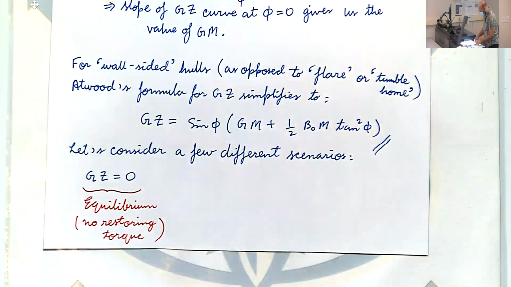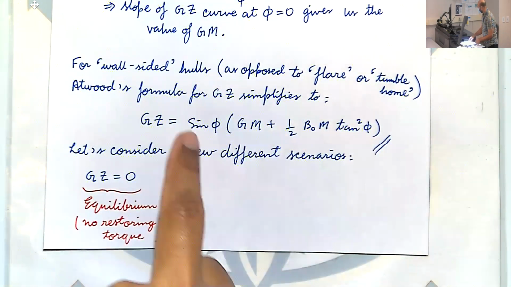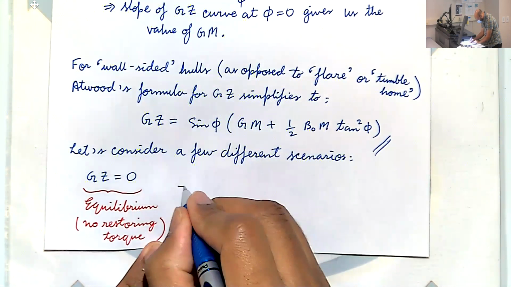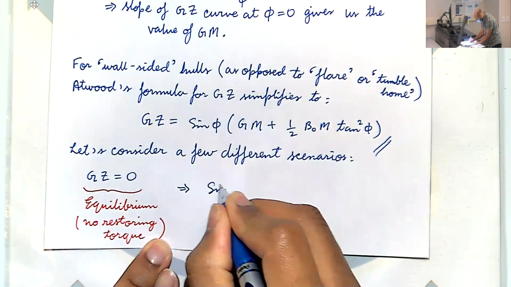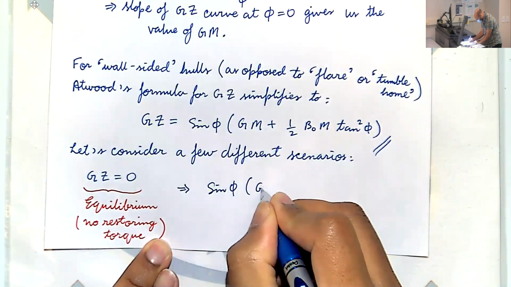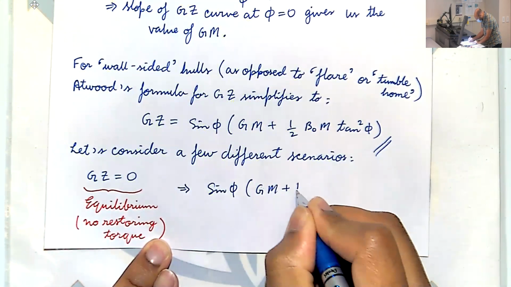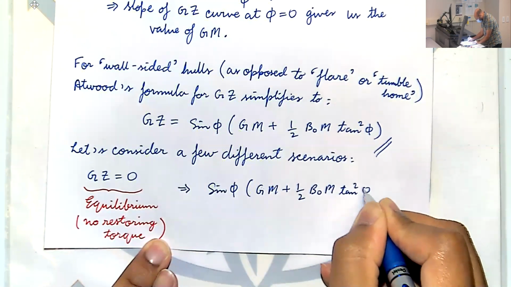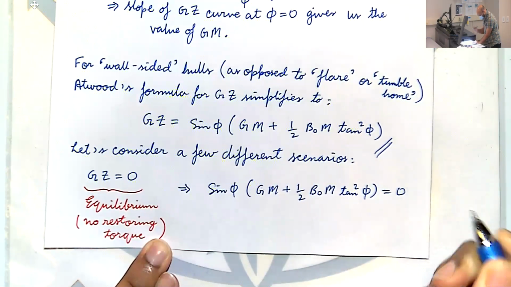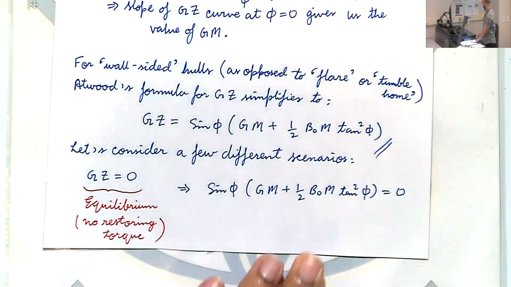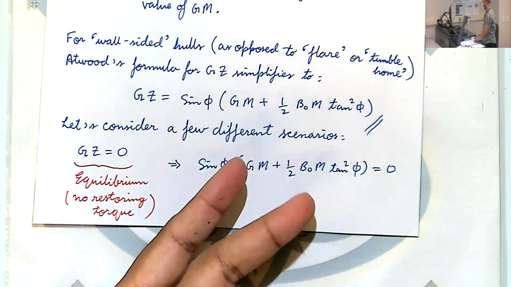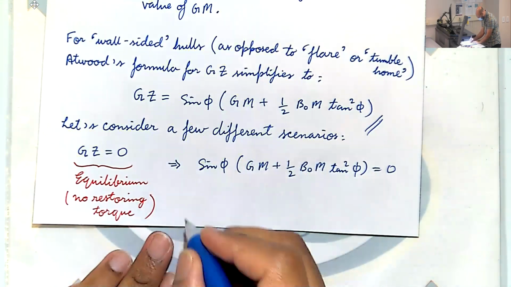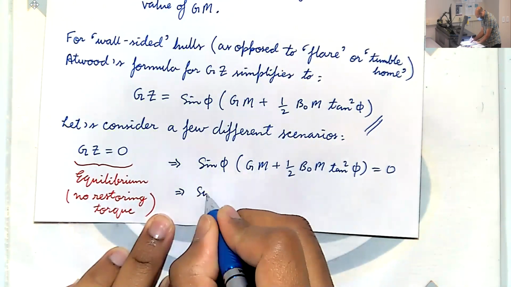So when GZ equals 0, let's set this right-hand side to 0 and see what happens. There are two possibilities: either sine phi is 0 or the term inside is 0.